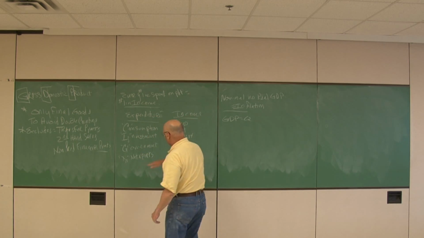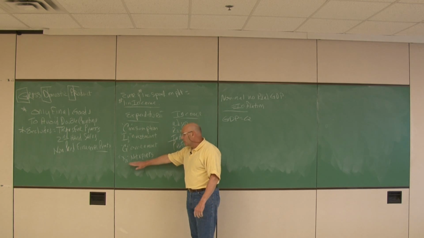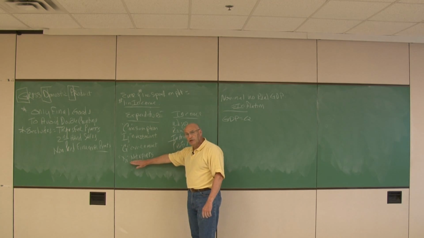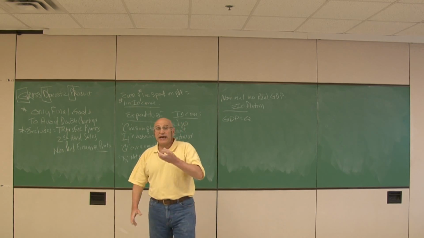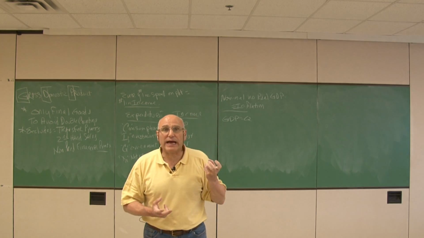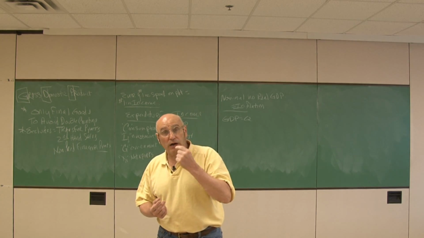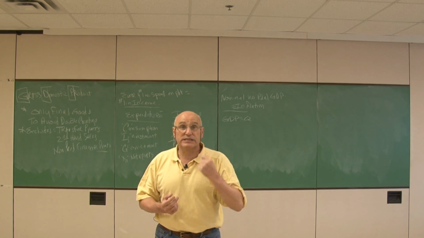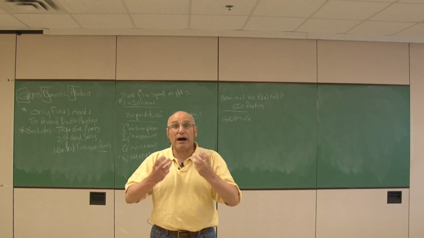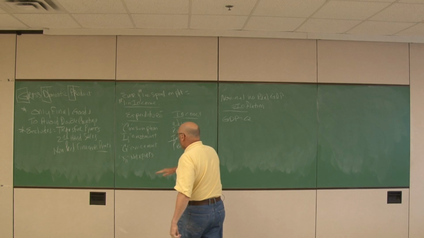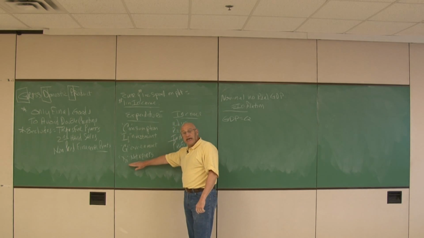And finally, the last group of people who will purchase American goods are foreigners. However, we need to subtract the amount of non-American goods that Americans buy, our imports, and therefore our net exports is exports minus our imports.